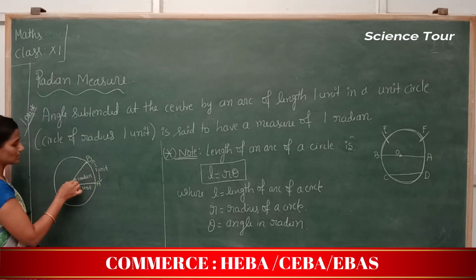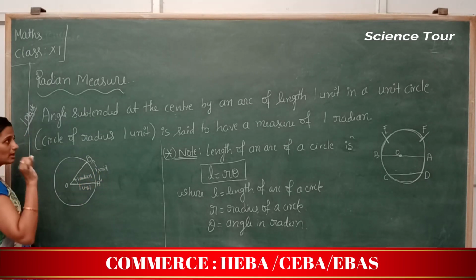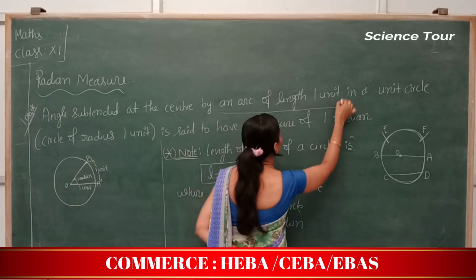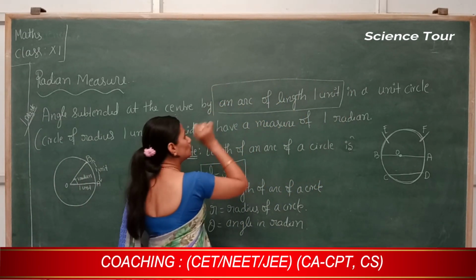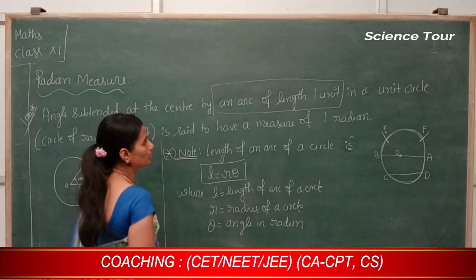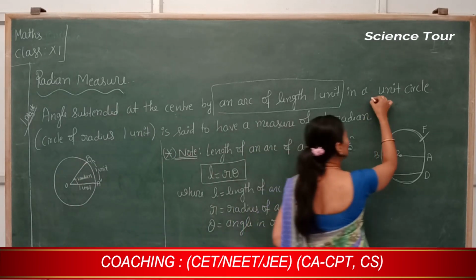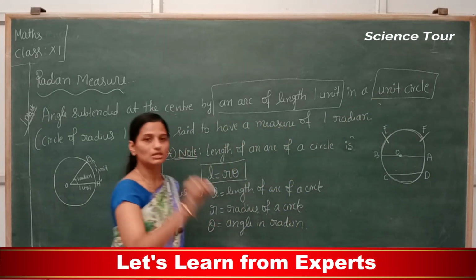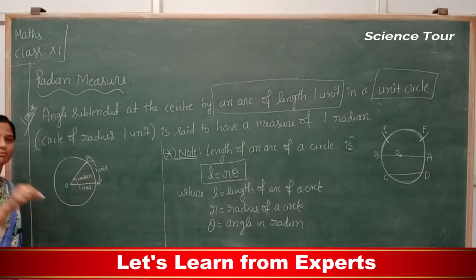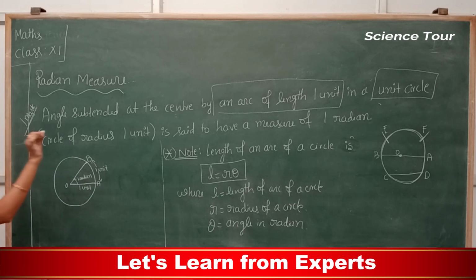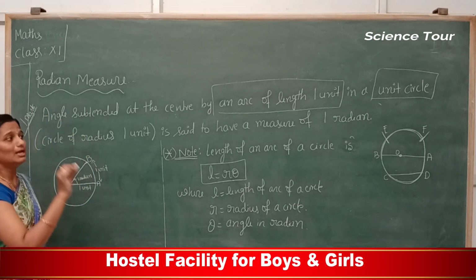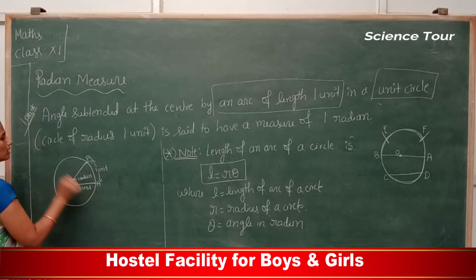While writing the definition, this point is very important: arc of unit length and in a unit circle should be there in your definition. Without these two phrases, if you write the definition, it will be 0 marks.